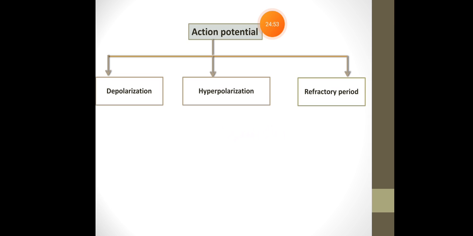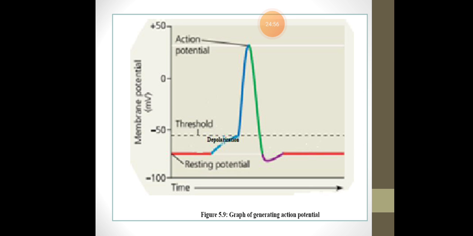These things happen along the axon. This series of reactions is called a nerve impulse.